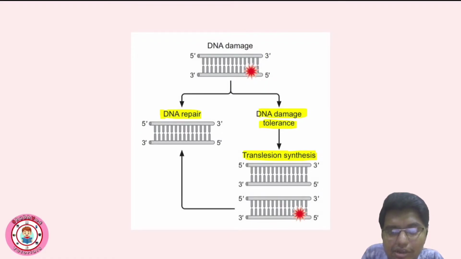It is just continuing the synthesis forward. This means the damage remains as it is in the DNA. So the damage is not repaired, and replication is continuously done. So this is a damage tolerance pathway. After translesion synthesis also, repair can take place. We can see here, this can go for repair afterwards also.